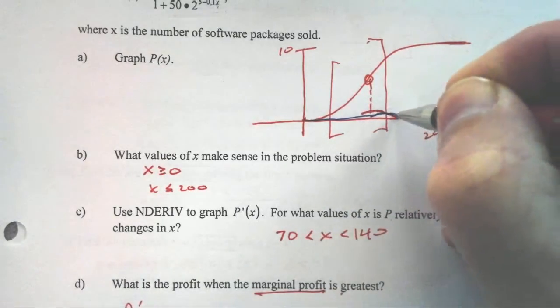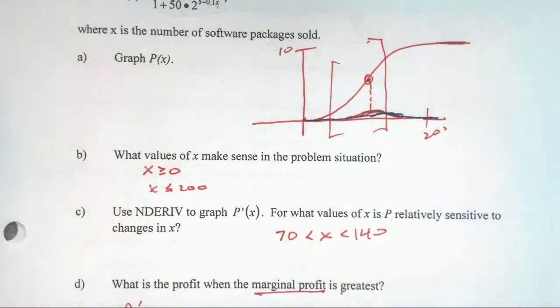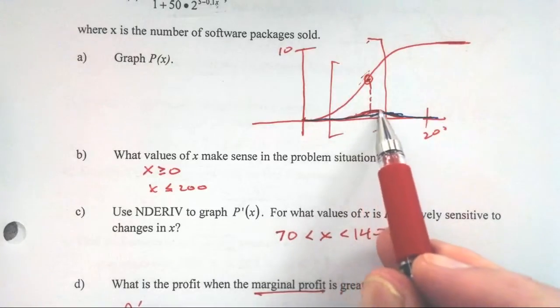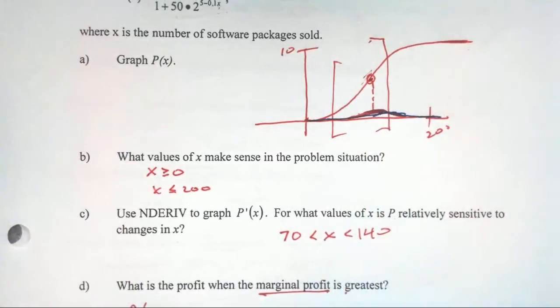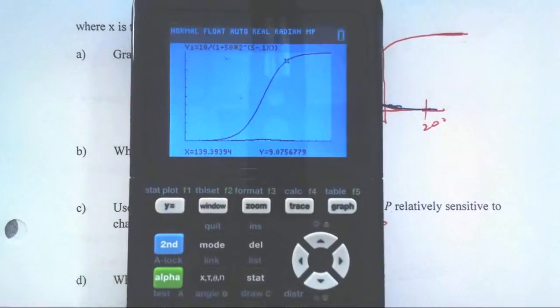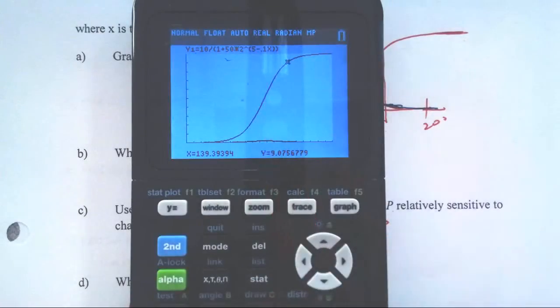I said earlier I probably drew that too far down the road, but it should be right underneath that cupping point when the slope is the steepest, because this is a representation of the slope. Does that make sense? Okay, so this one, we're not going to do it by hand. We're going to go back to our calculator, and what I want to do is find out when my derivative, my marginal profit, is the biggest, when this graph is the steepest.